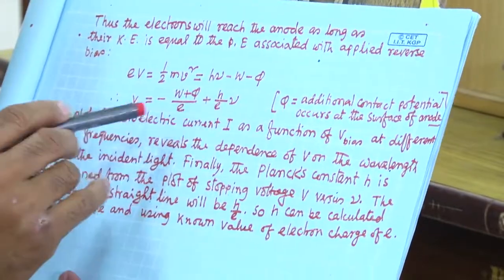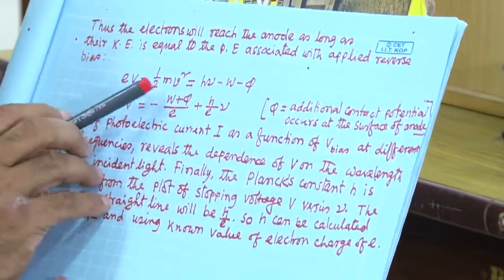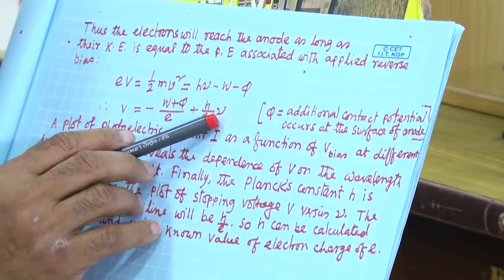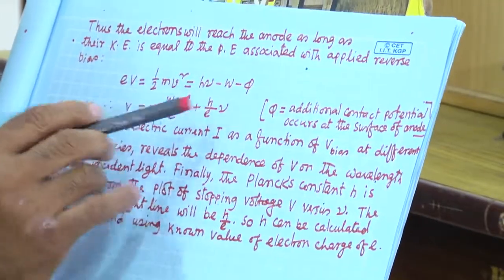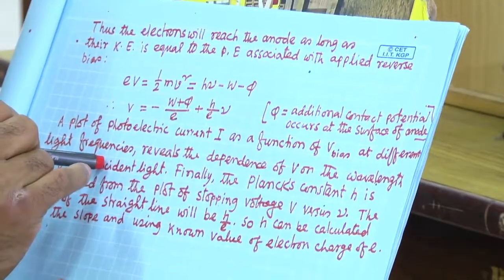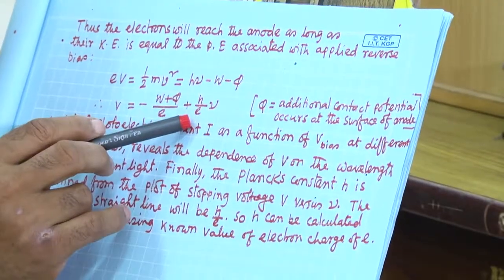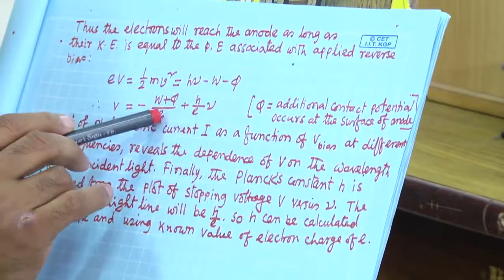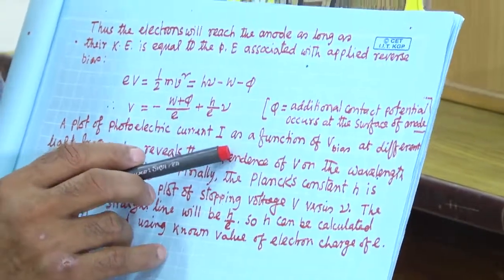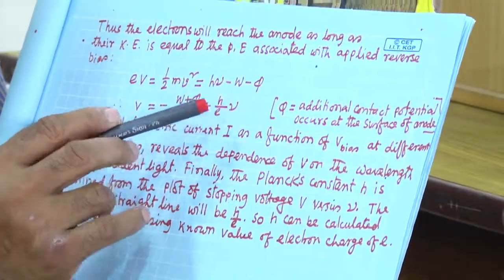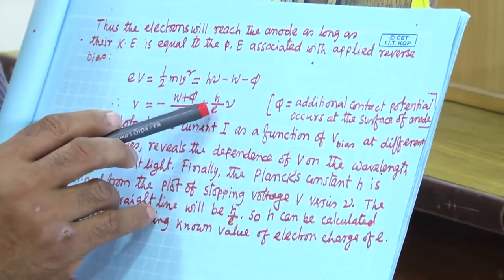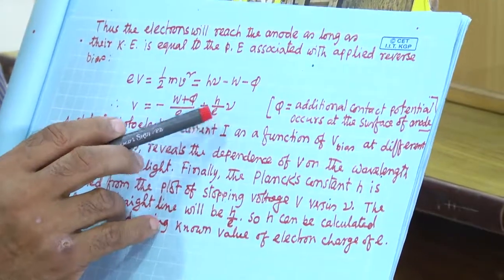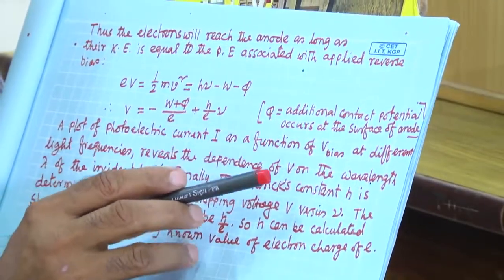So if you plot V versus frequency, you will get a straight line, and if you find the slope of that straight line, that slope equals h by e. e is the electronic charge, which is supplied, 1.6 times 10 to the minus 19 coulomb.